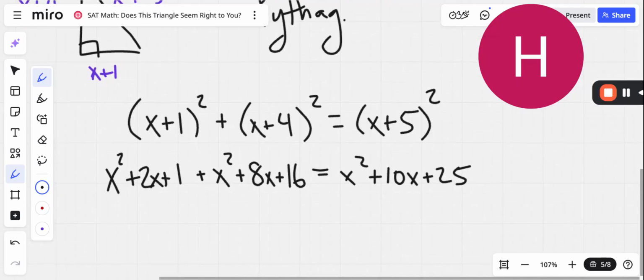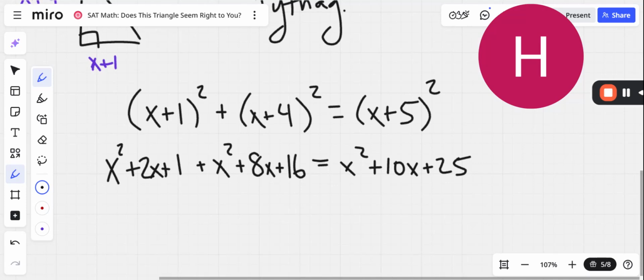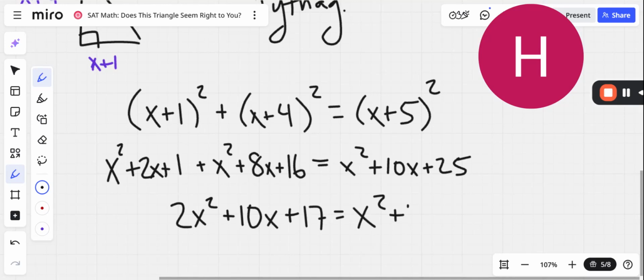If you're not comfortable with perfect square trinomials, get familiar with them, so that this step takes 5 seconds instead of a whole minute. Combine the like terms, and you'll notice that we have 10x on both sides actually, so we're going to be able to cancel that.